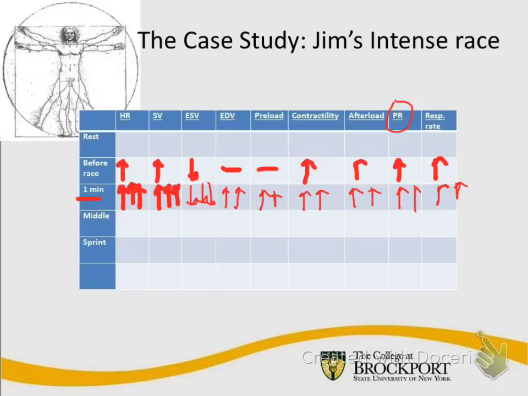Local control will cause arterioles that perfuse these metabolically active muscles to relax. They will cause the smooth muscles to relax in the walls of those arterioles, and what that means is we've got a lot of pressure. Peripheral resistance all around the body is high, but it gets lower for those blood vessels that perfuse the muscles that are working.